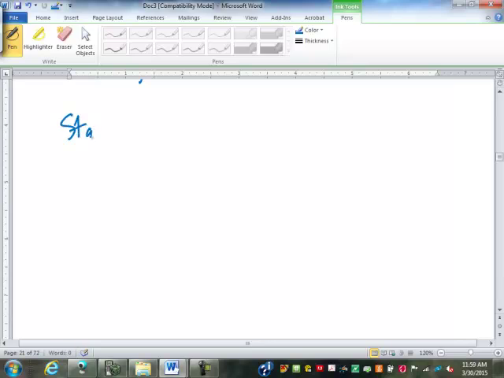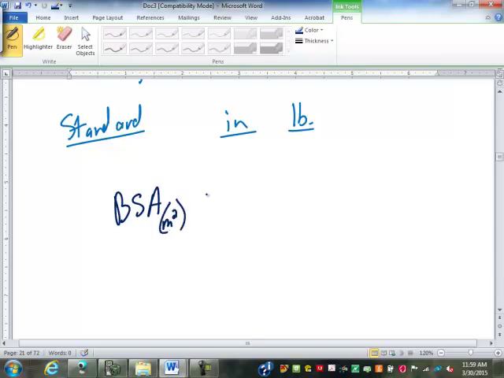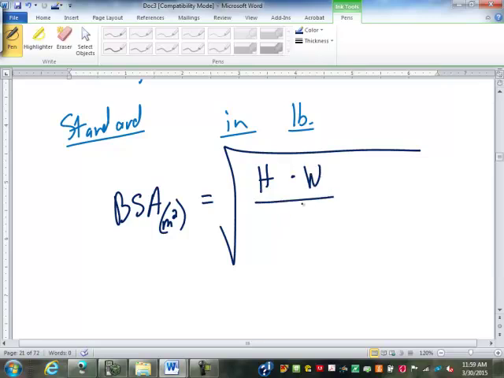Let's say we have standard measurement. In other words, the height is in inches, the weight is in pounds. For standard measurement, the body surface area, BSA, which is always given in meters squared, is the square root of the height in inches times the weight in pounds divided by 3,131.